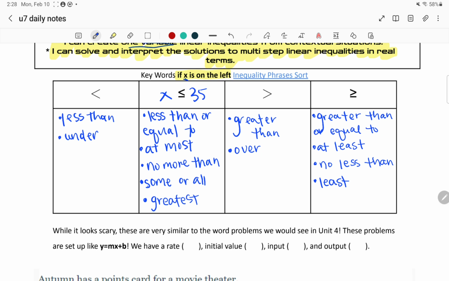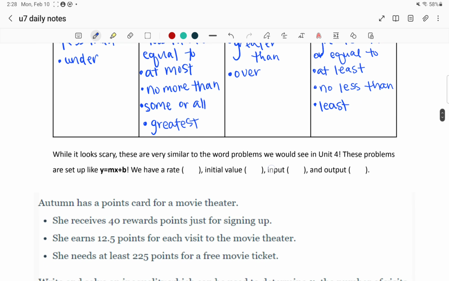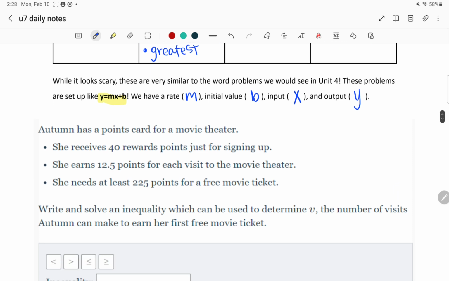We can talk about how these problems are set up. They are set up using y equals mx plus b, meaning we have a rate, which is my m, we have an initial value, which is my b, we have an input, I plug in x, I get out y. Okay? So we're going to think back to key phrases we could use in Unit 4.